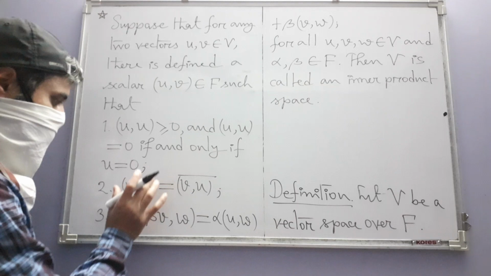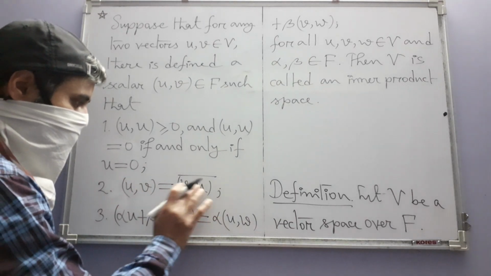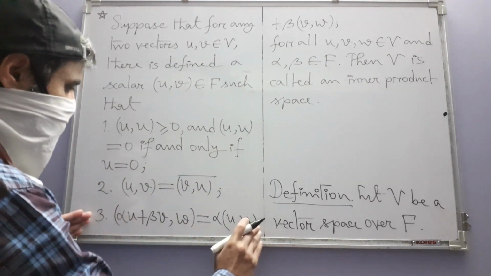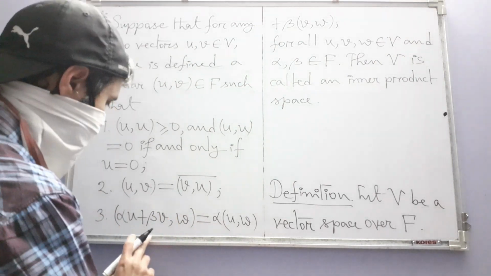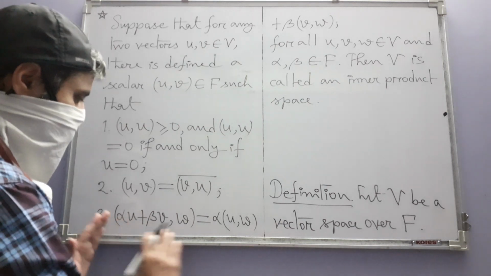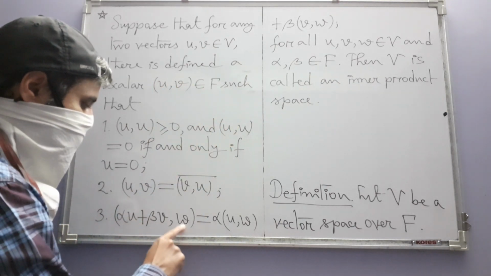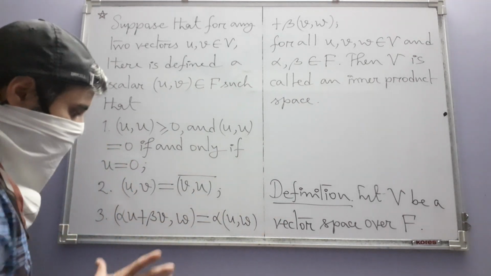Number 2, the complex numbers u comma v and v comma u are related to each other like this. And number 3 is this. Here also there are some things to note. This statement is about three vectors u, v and w and two complex numbers alpha and beta.